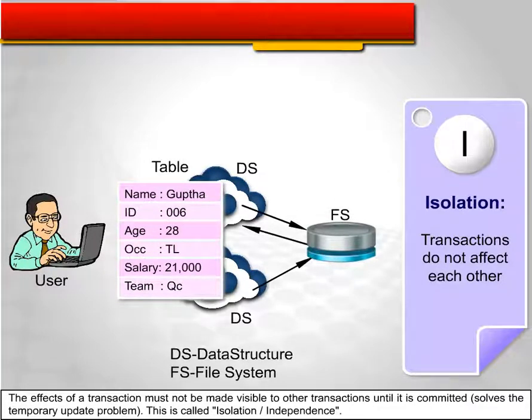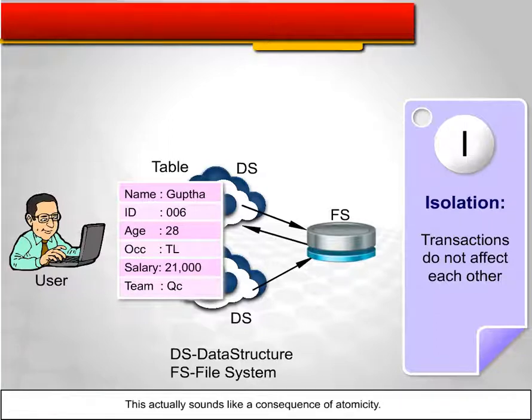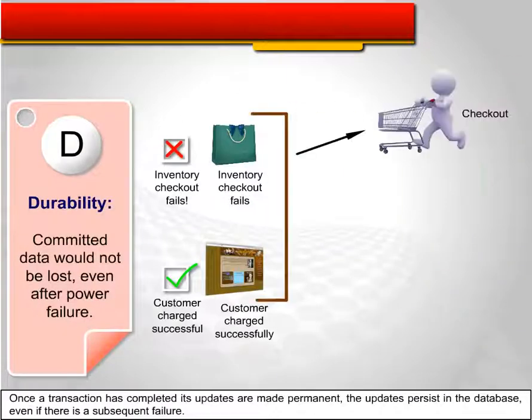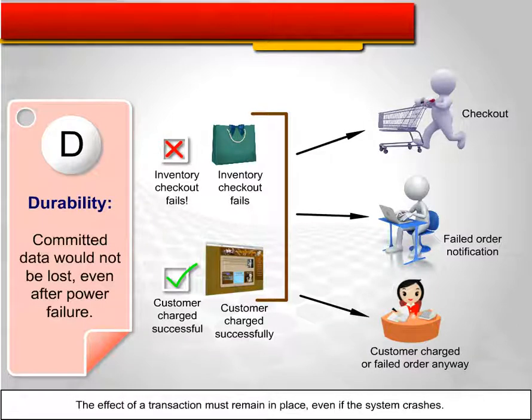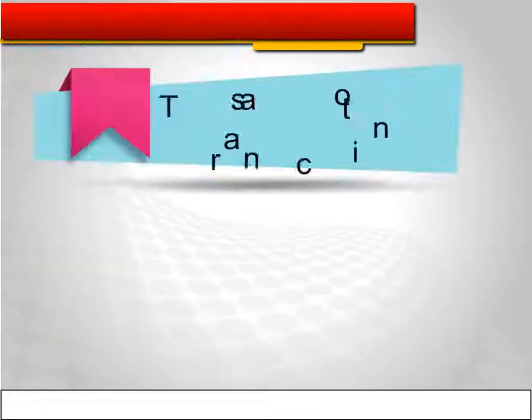Consistency. The transaction must take the database from one consistent state into another. It is the responsibility of user to ensure consistency. During transaction at the middle, the database might not be consistent. Isolation.